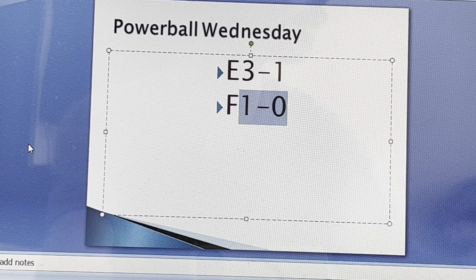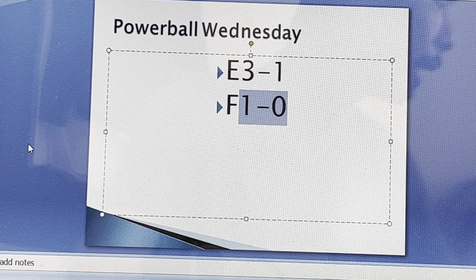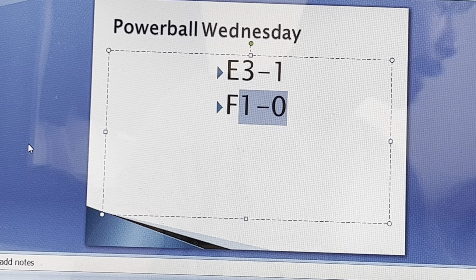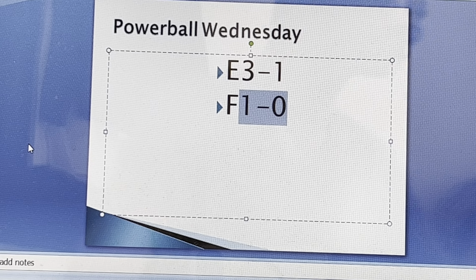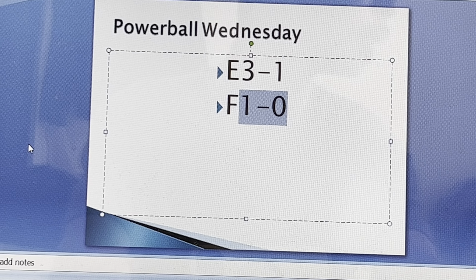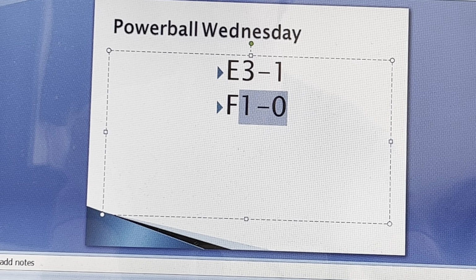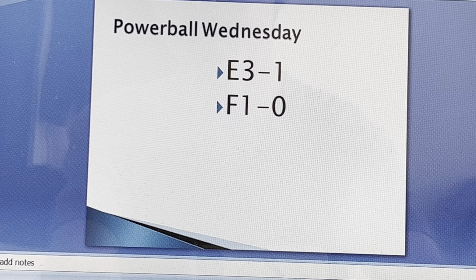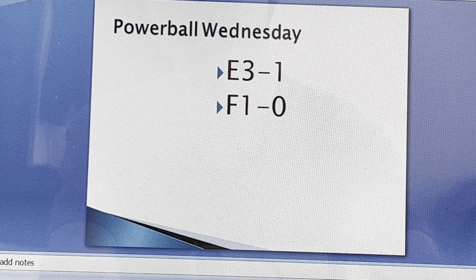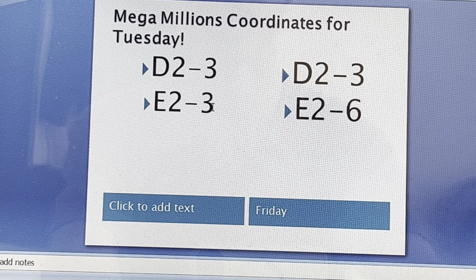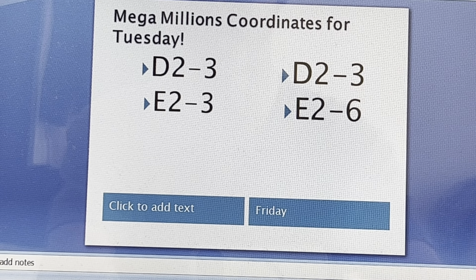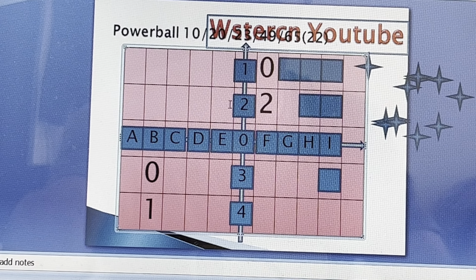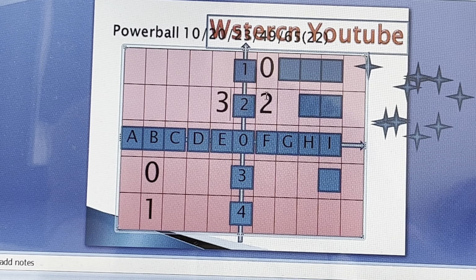Very good. There's your 20 and 23. Same one. I only need the E2. E2, you see it? E2. 23. So plug in the E2 for 23. See it? 23. I do not need another coordinate for the other two. I use the same two for 20 and 23.